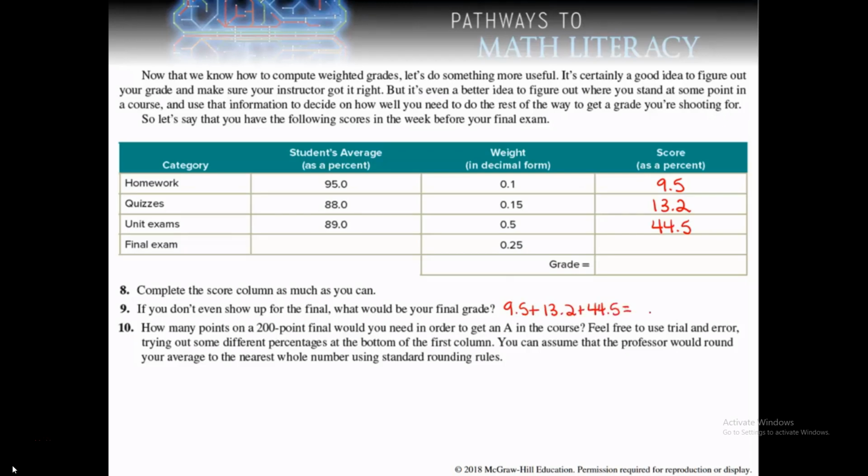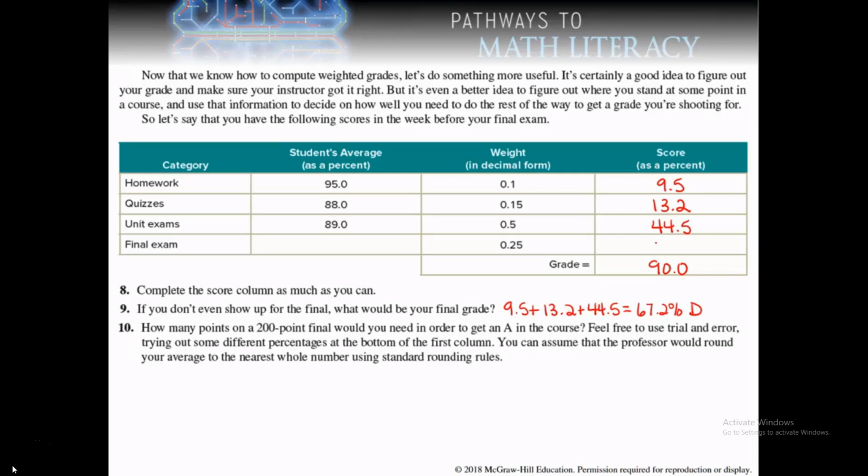In 10, okay, so if you want an A in the class, what would you need to get on a 200-point final? Well, first of all, let's say in the total grade we want a 90. So how much is missing? We've got 67.2, so we would need to do 90 minus 67.2, and that tells us that we need 22.8 for that category.